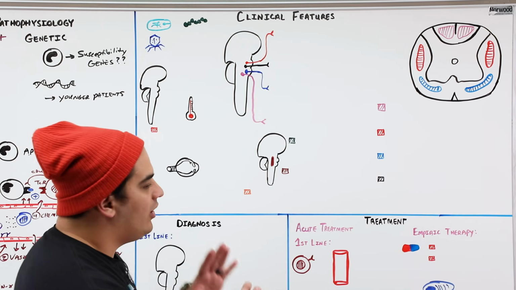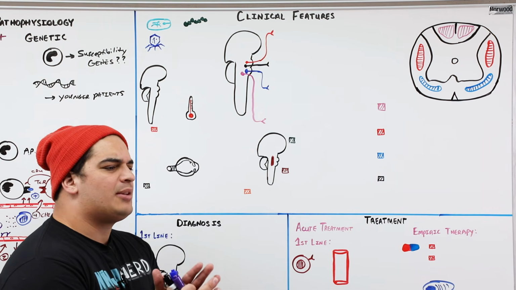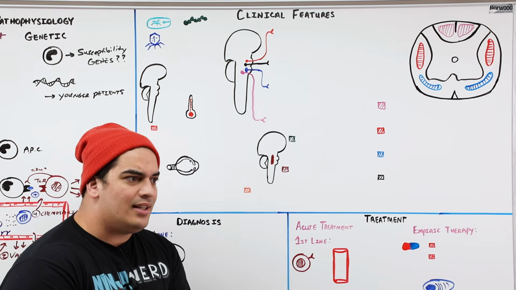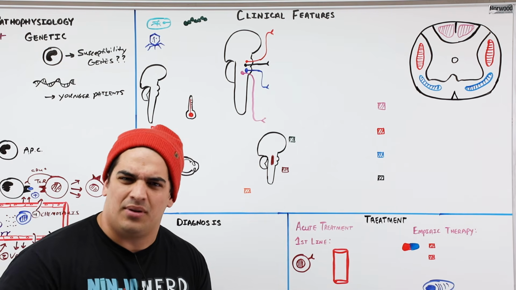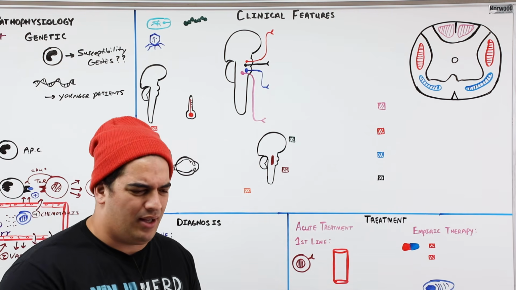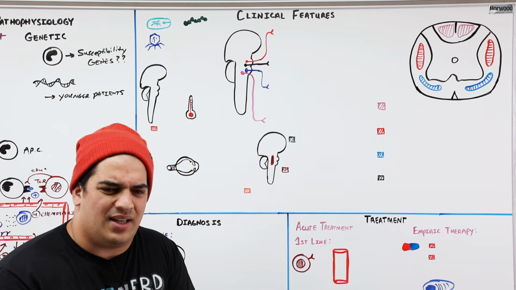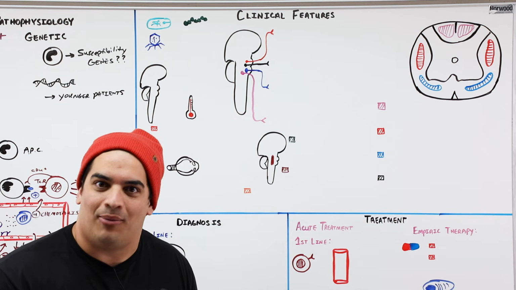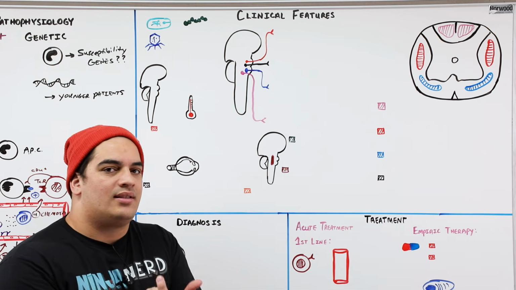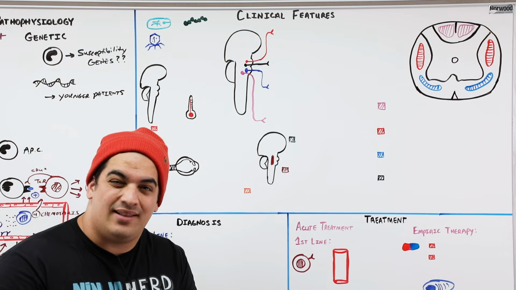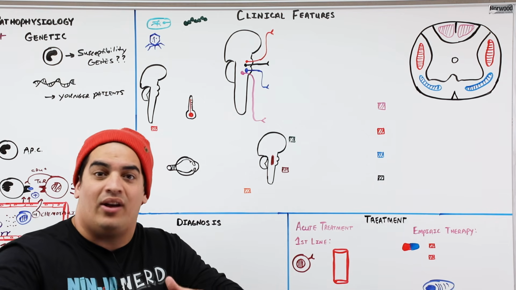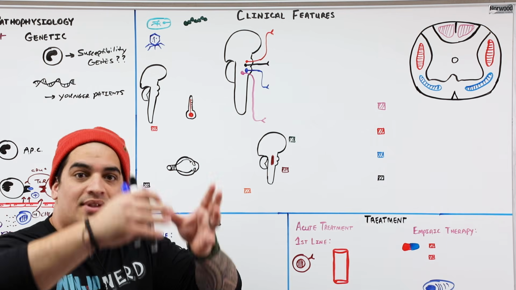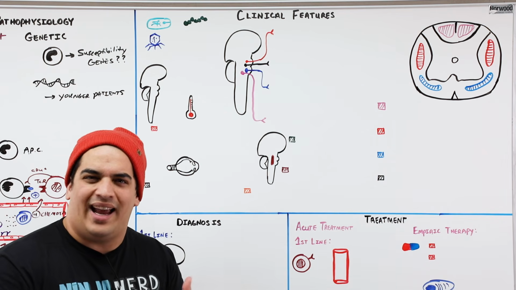So now let's talk about the clinical features of ADEM. Now some of you guys might be saying, dang, Zach, this disease kind of sounds like multiple sclerosis in a way. It's kind of the same kind of molecular mimicry, same kind of pathophysiology. Is it the same? It kind of is the same, right? Except one of the big things is that someone who has multiple sclerosis tends to be 20 to 40, tends to be female, and they also have these relapsing and remitting types of occasions, right?